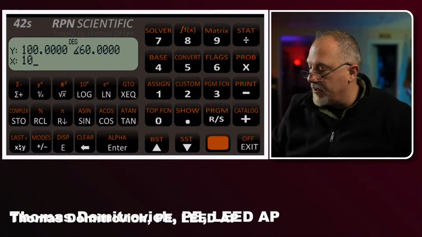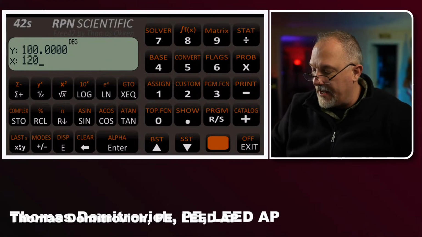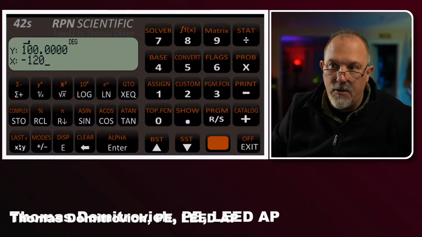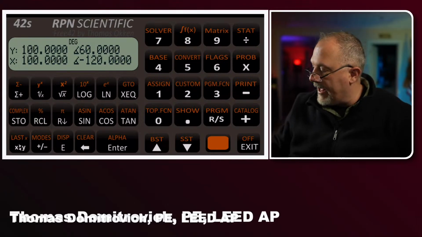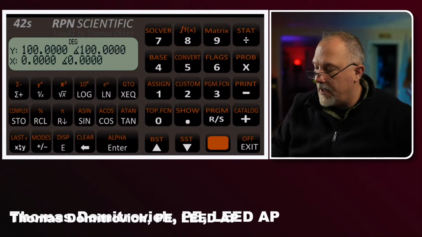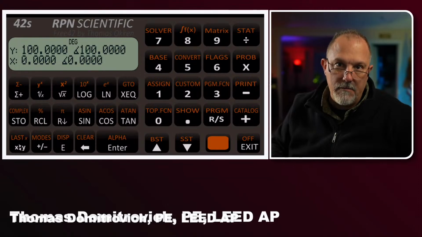Now if I do 100 at an angle of negative 120, and I hit complex over there by STO on the side, now there's my... and I hit add plus, it comes up to 0 at an angle of 0.